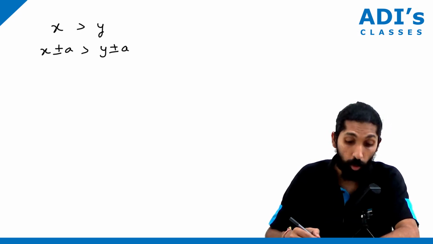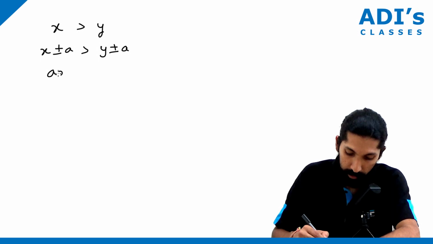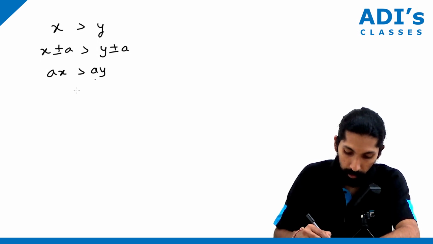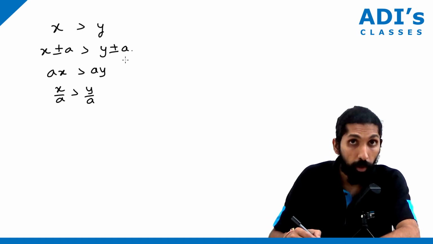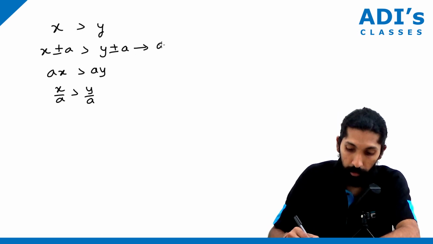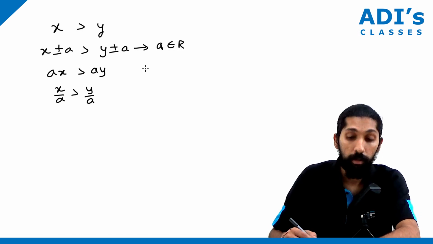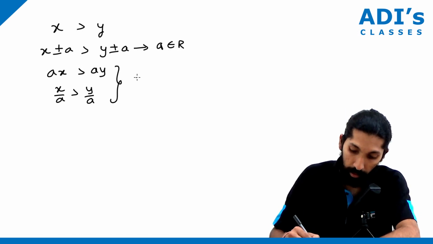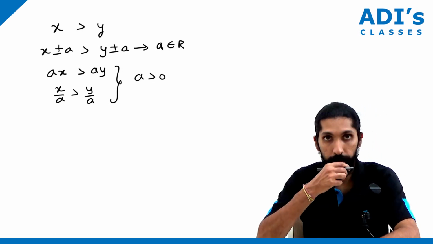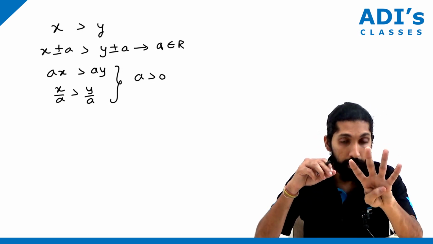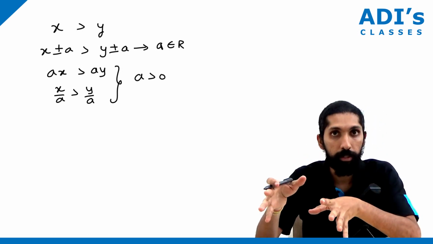One case. Or a into x will still be a into y, or x by a is the same thing as this. So provided here a belongs to the set of real numbers, correct? But in these two cases, a should be a positive number. 4 cases where you have the same inequality.